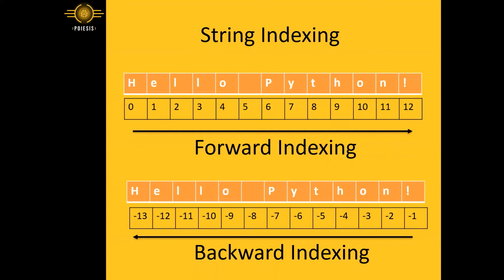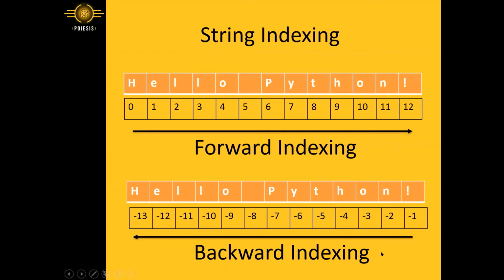There are two types of indexing: forward and backward. Forward indexing starts from the left hand side, and the first member gets index value 0. And since we are starting from 0, the last element will have index value length of the string minus 1.